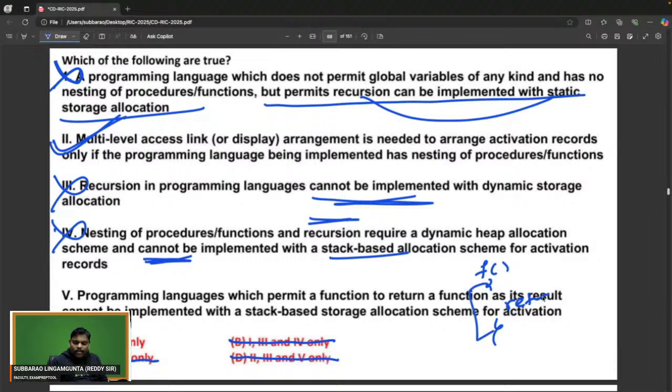So among the available options, I can simply say A is the better option, but check properly also.